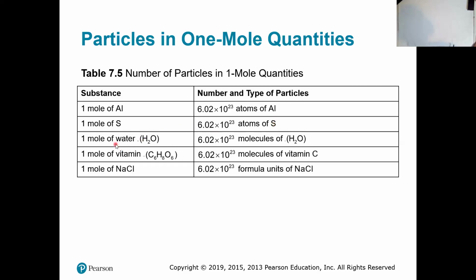When you're talking about molecular compounds, like a mole of water or a mole of vitamin C, we're going to have 6.02 times 10 to the 23 molecules of those compounds. 1 mole of sodium chloride means we have 6.02 times 10 to the 23 formula units of sodium chloride. So 1 mole just means Avogadro's number, which is 6.02 times 10 to the +23.